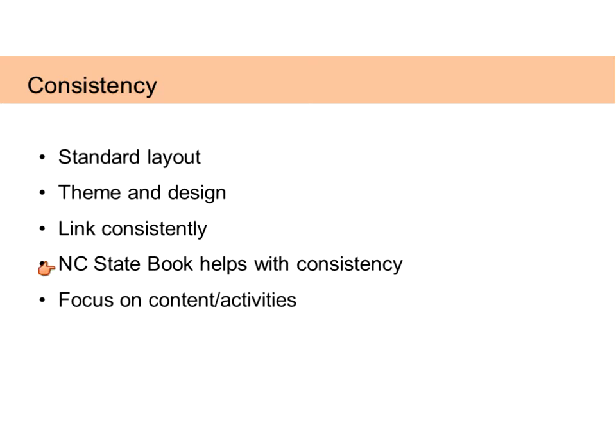Now, earlier we mentioned that NC State Book can help with organization, but it can also help your content stay consistent. For those of you who are not familiar with NC State Book, what this tool does is allow you to create a set of web pages that are linked together through a table of contents.